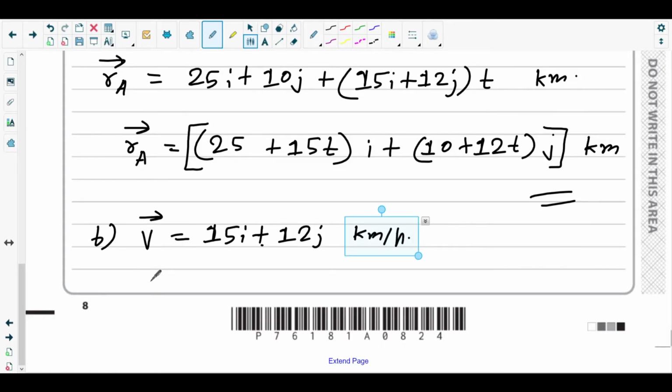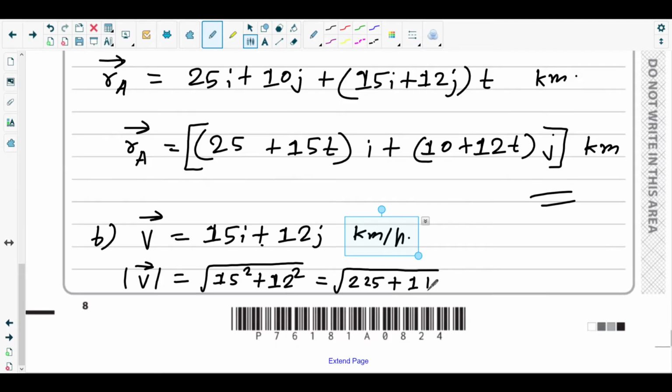We just need to find the modulus, that is the magnitude of the vector, which is the square root of 15 squared plus 12 squared, which is the square root of 225 plus 144. 225 plus 144 is 369, and the square root of 369 is 3 root 41 kilometers per hour.